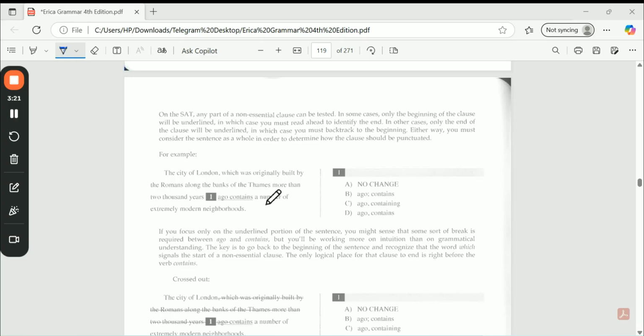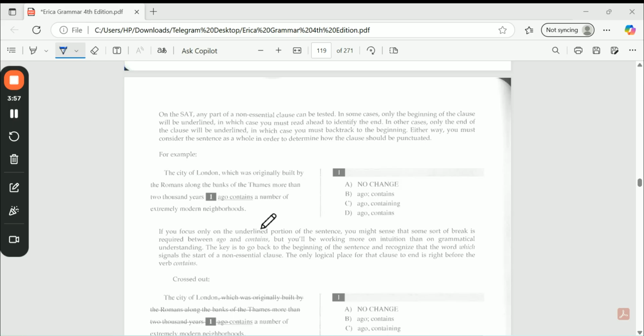The city of London, which was originally built by the Romans along the banks of the Thames more than 2000 years ago, contains a number of extremely modern buildings. Now the question asks about no change, and here is the rule: non-essential clauses are set off with commas on both sides. In our sentence, the phrase which was originally built by the Romans is non-essential, it is extra information.